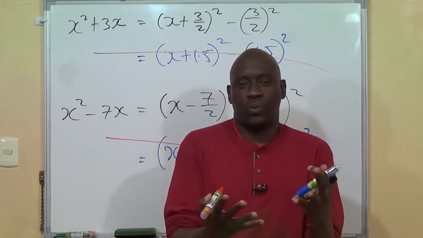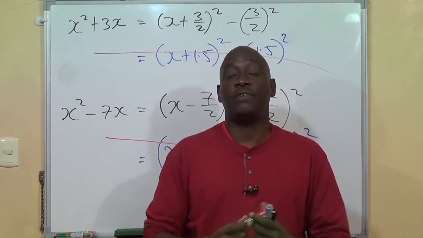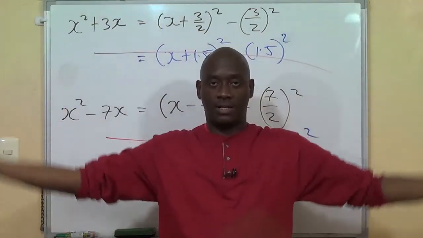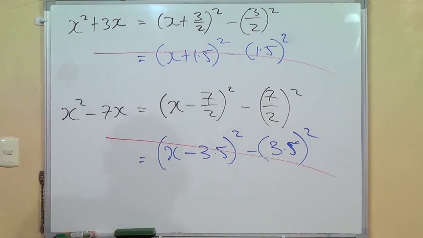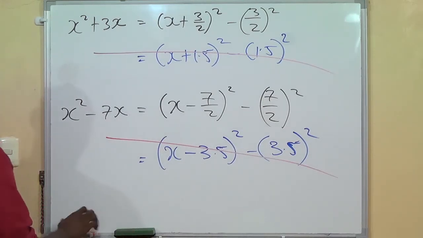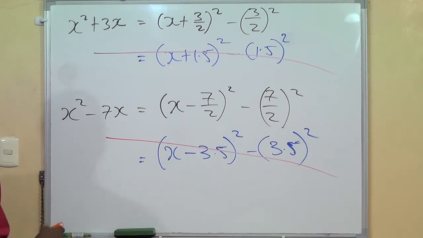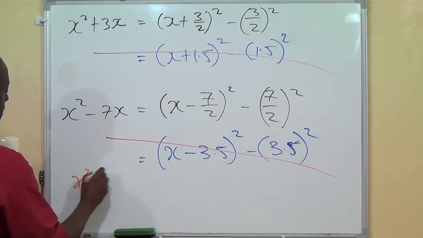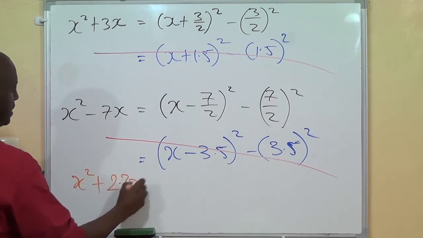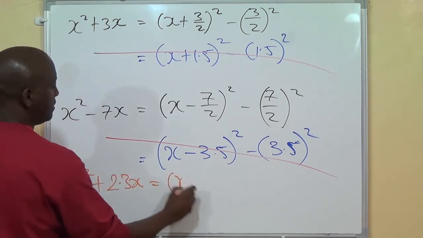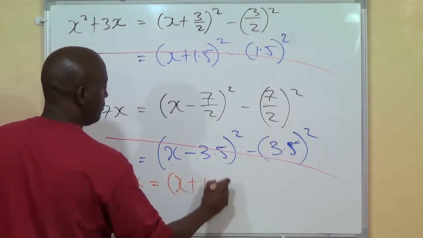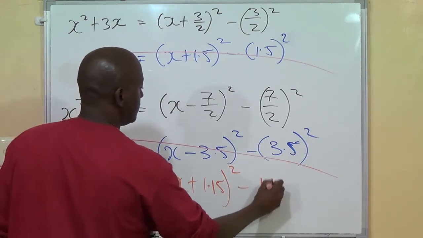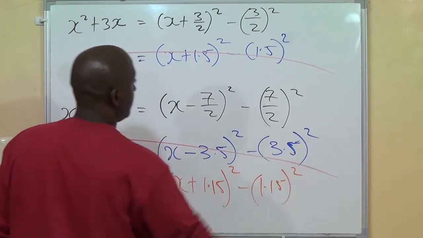Yes, the way the topic is configured in the overall macro sense, you could have decimals. So for example, I could say that x squared plus 2.3x is the same thing as (x plus 1.15) squared minus 1.15 squared.